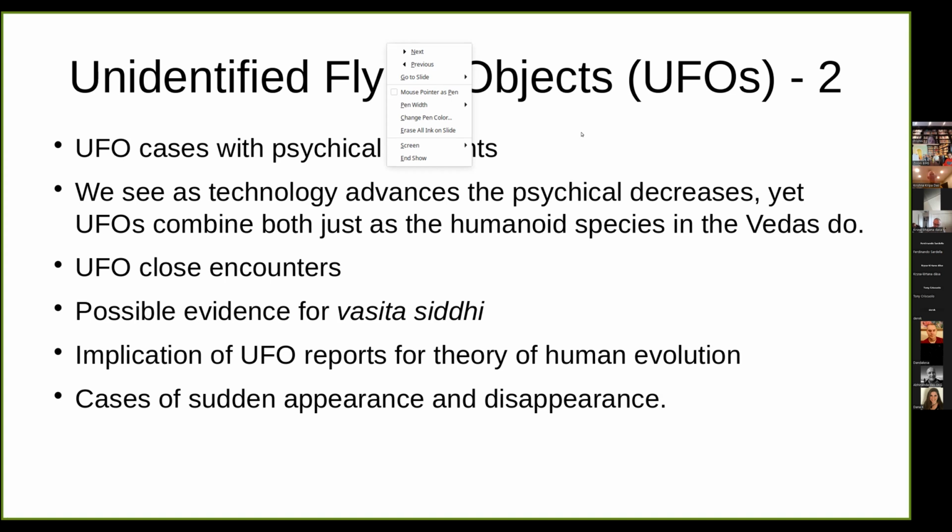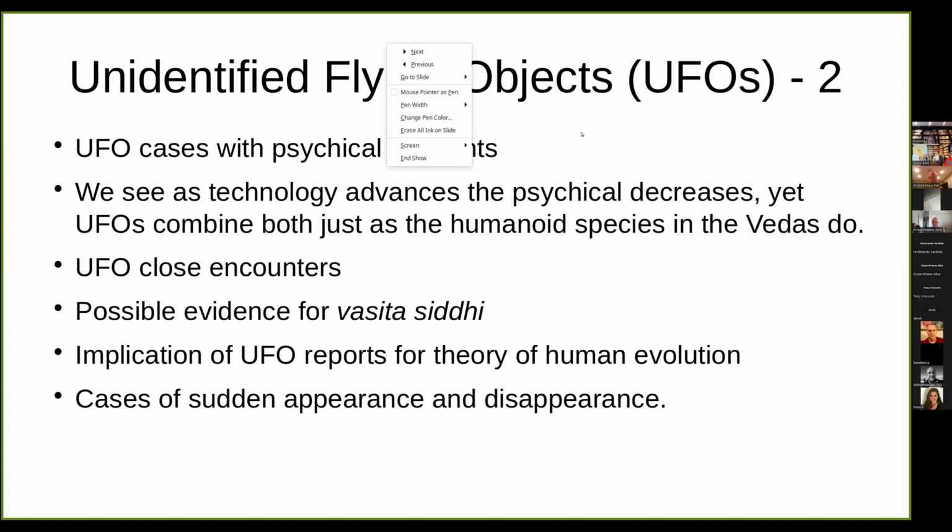So in these cases where they're taken aboard a craft and subject to examinations, obviously their mind was controlled and actually their body was controlled by these things. So he was saying that's consistent with the existence of this Vasita Siddhi.